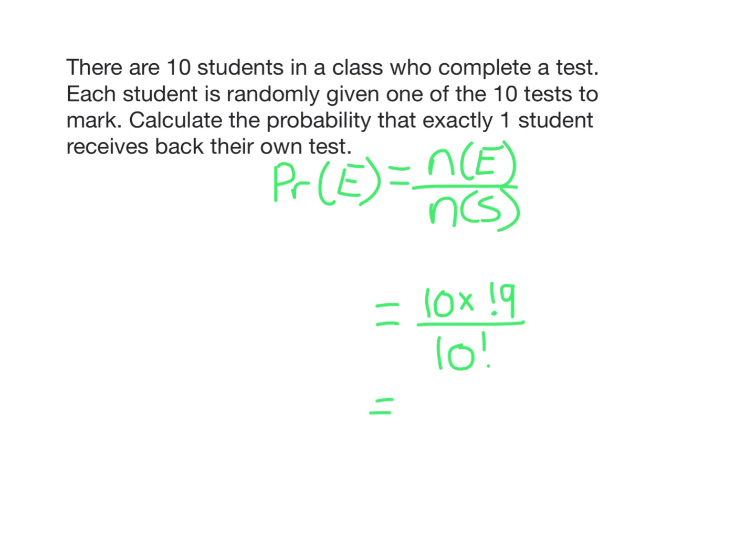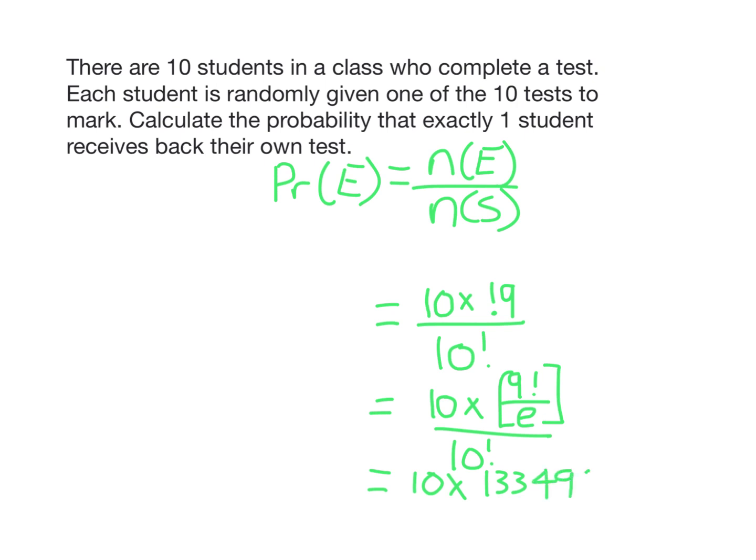So remember what we do to calculate the number of derangements. We calculate the number of arrangements and we divide it by e and round this to the nearest whole number. So when putting this on our calculator, we need to do this part first. So 9 factorial divided by e is about 133,496.